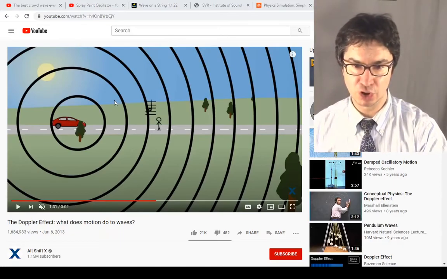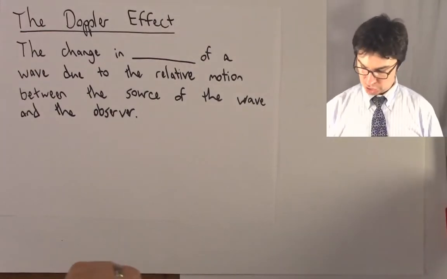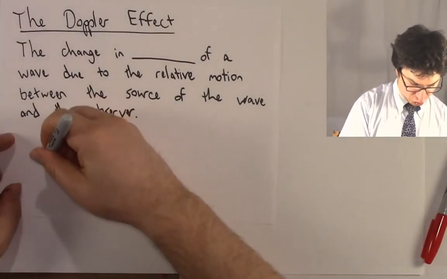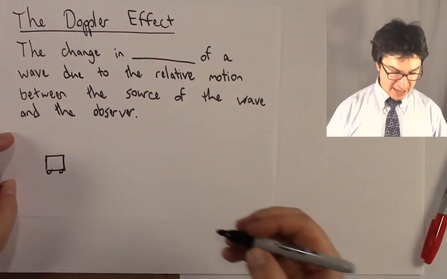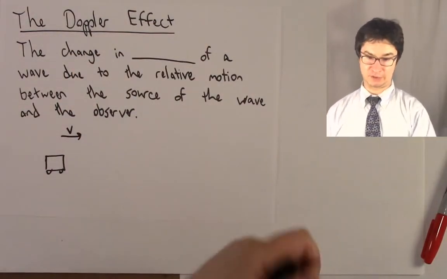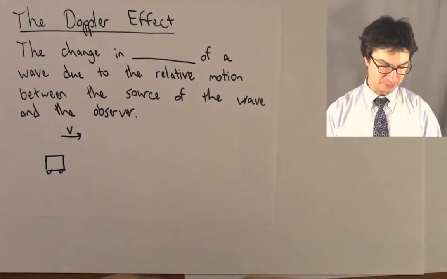Okay, so let's jump back over to our notes and draw our own version of this diagram. Let's draw a physics car, which of course looks like that. And let's draw a velocity vector for this car to indicate this car is traveling to the right. Now, what I'm going to ask you to do is very tricky.